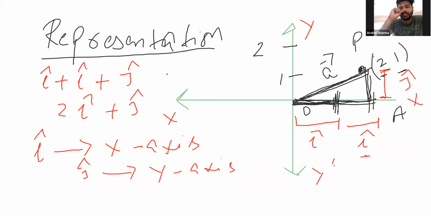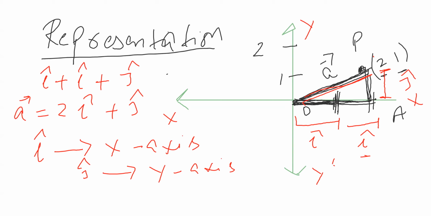This is the distance, and it can be represented as a vector, right? Yes. This is how we are going to represent a vector, right? Any doubt? No, this is very easy.